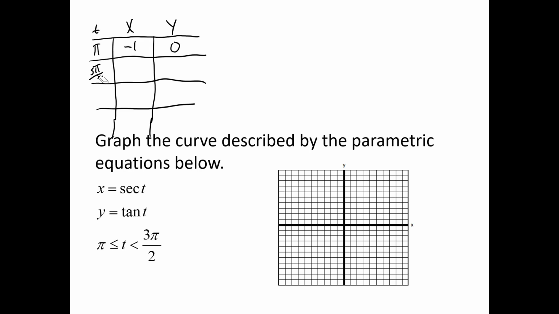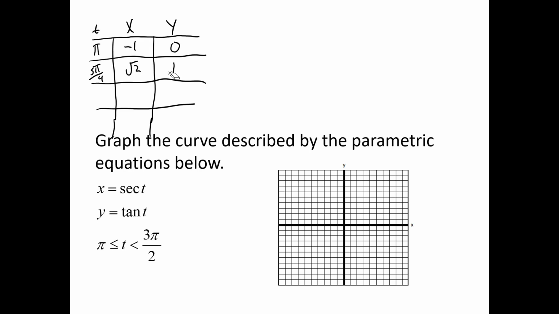And then the secant is negative the square root of 2. And the tangent in quadrant 3 is positive. And so then we get +1. And then 3 pi over 2, we don't have anything else. So we only have these 2 points.